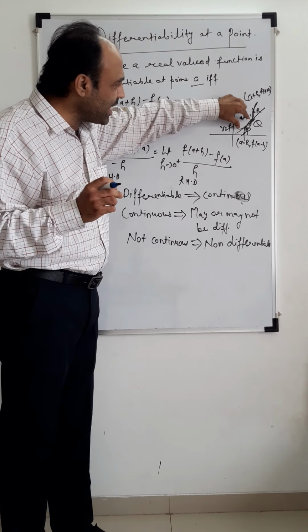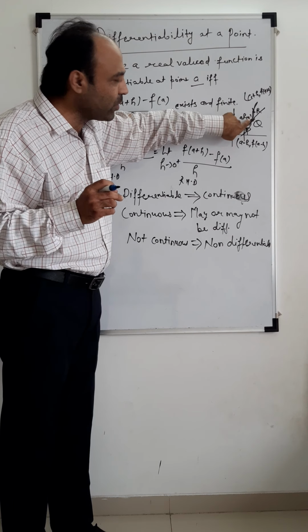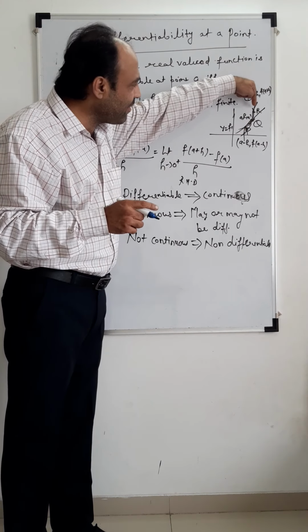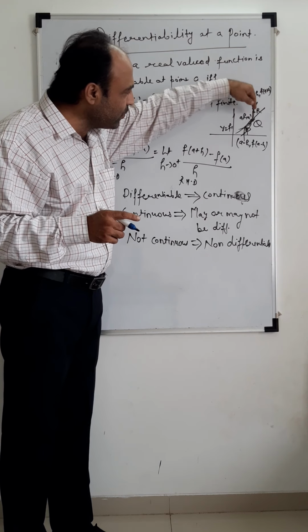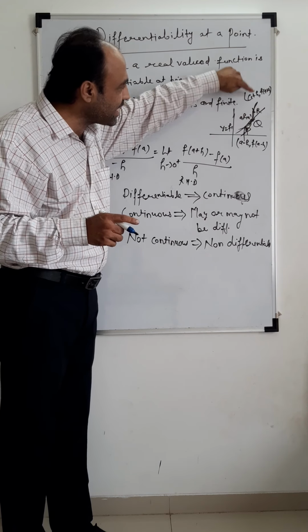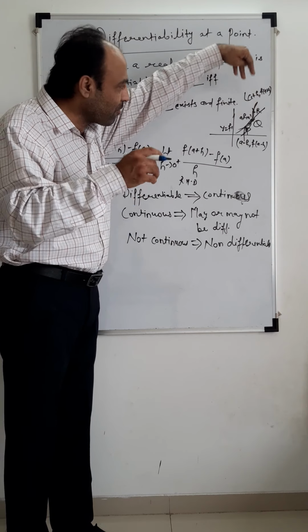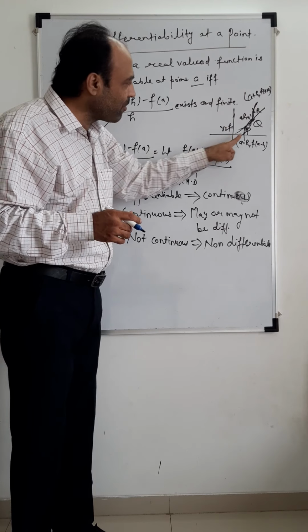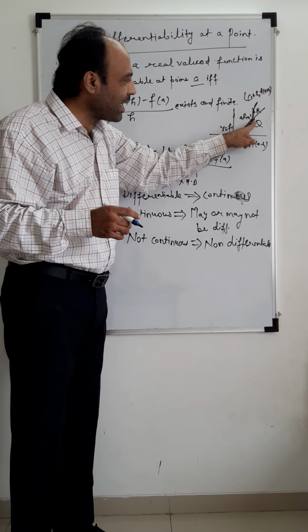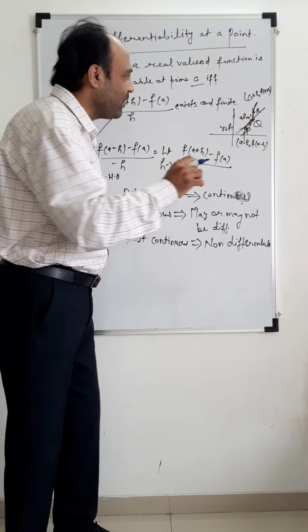So when h tends to 0, P will tend to Q from left, and when h tends to 0, this R tends to Q, means a plus h becomes a. So this R to Q from right to Q I am approaching, and from left to right I am approaching at Q. So what will happen?